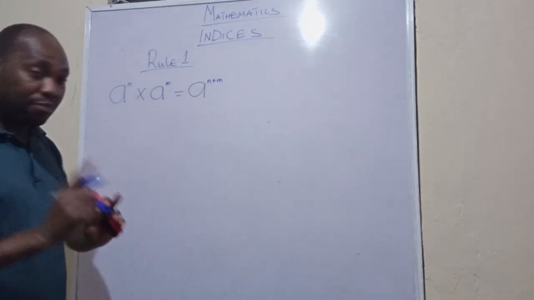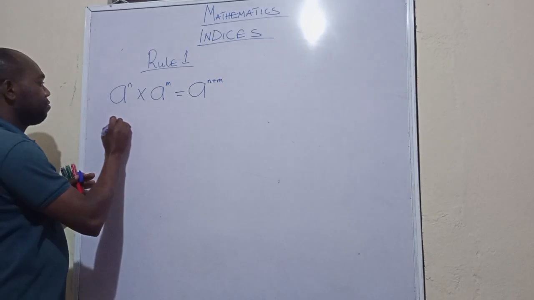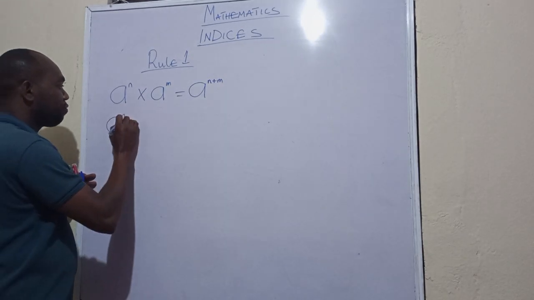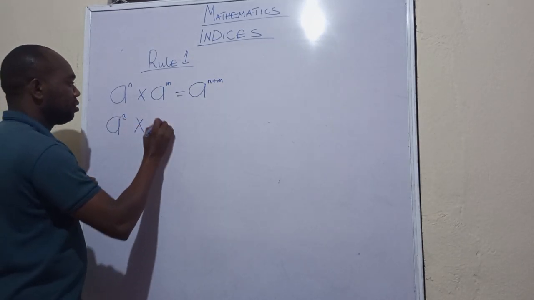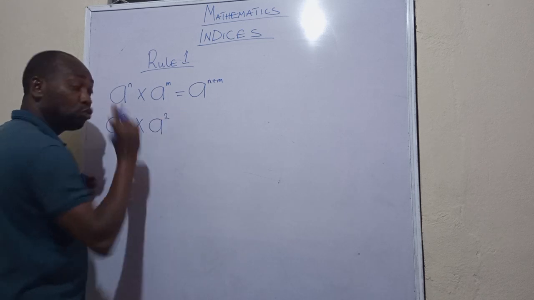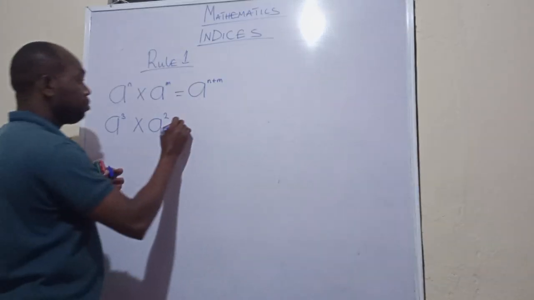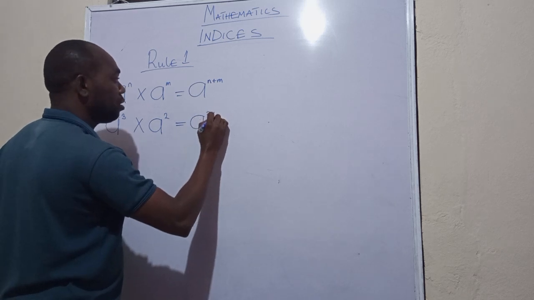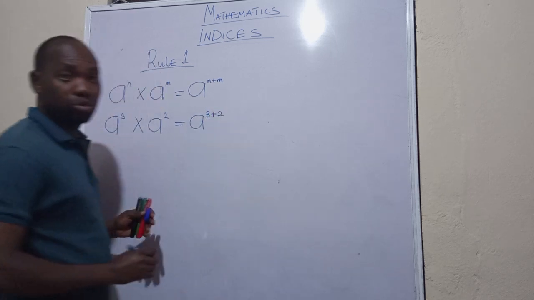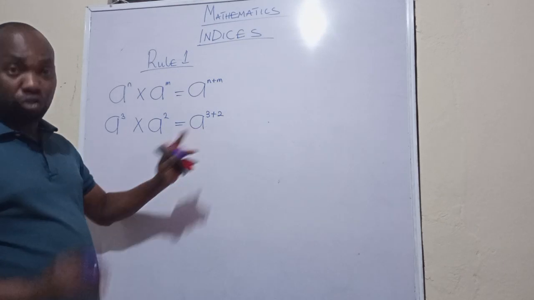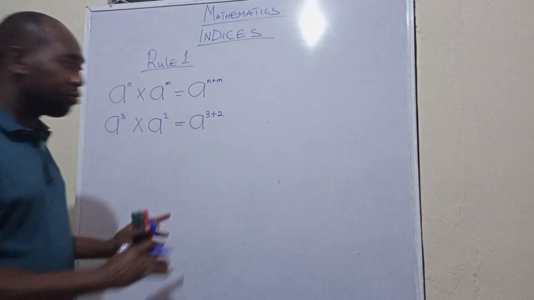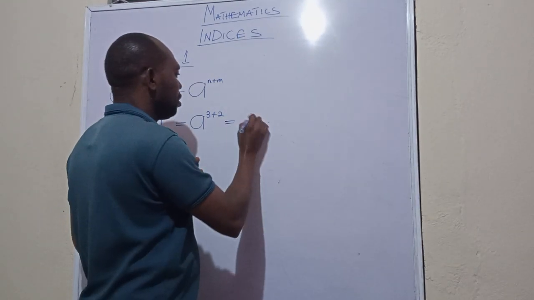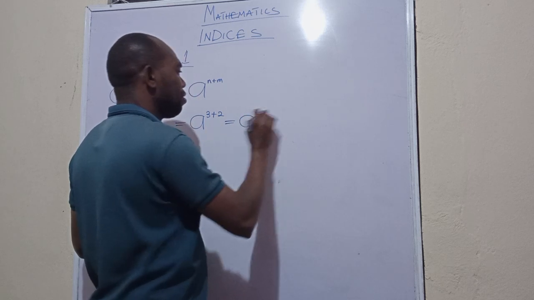So, for example, if we have a raised to the power of 3 times a raised to the power of 2, it simply means a raised to the power of 3 plus 2. And 3 plus 2 is 5. So that will be a raised to the power of 5.